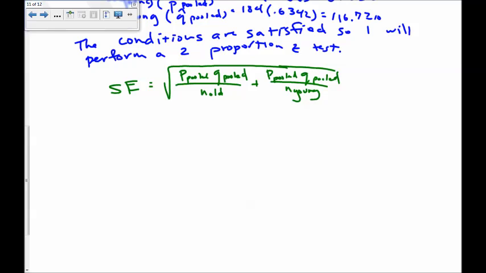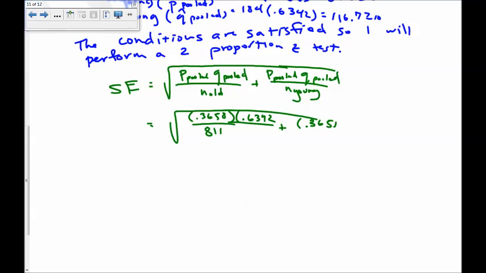Which when you plug the numbers in, you get 0.3658 times 0.6342 over 811 plus 0.3658 times 0.6342 over 184, which ends up being about 0.03933 is our standard error for the difference between these two proportions.